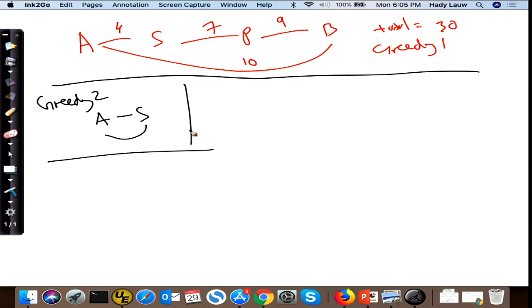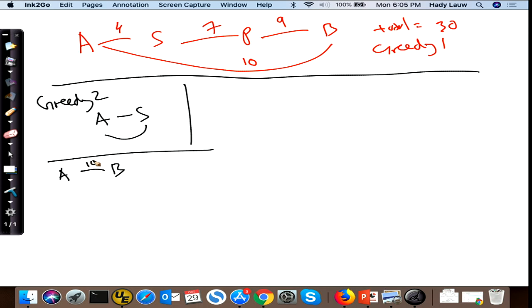Then we want to expand. From here, we try to expand either from A or from S. If we expand from A, then the best place to expand to will be Bedok, because that is 10, whereas the other option, Punggol, will be 13.